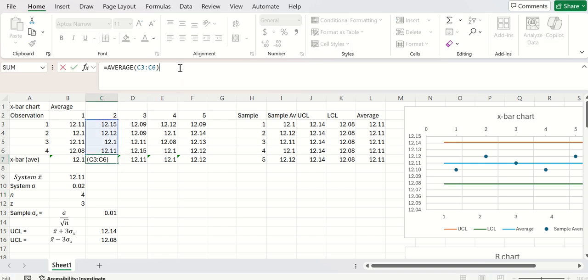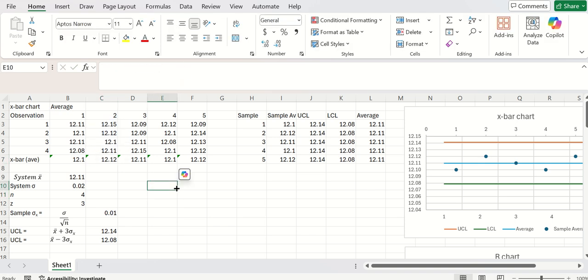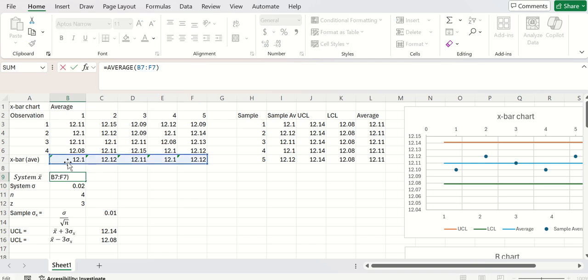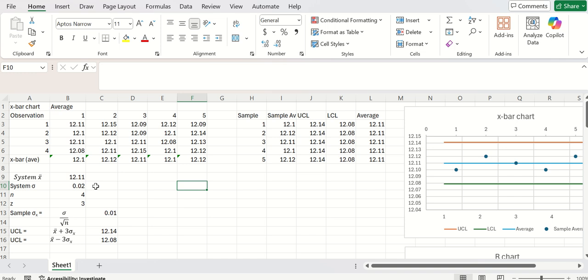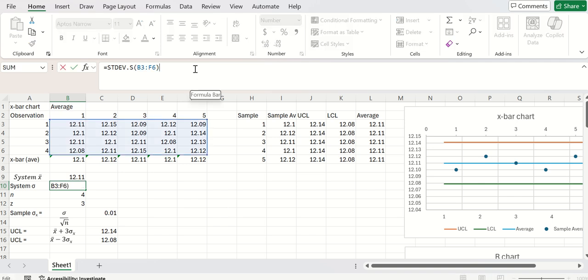You can see that each day we have calculated the average for all of them. The system average is really the average of all of the averages. We can also calculate the standard deviation of all of these items by highlighting all of them and using the stdev.s function.